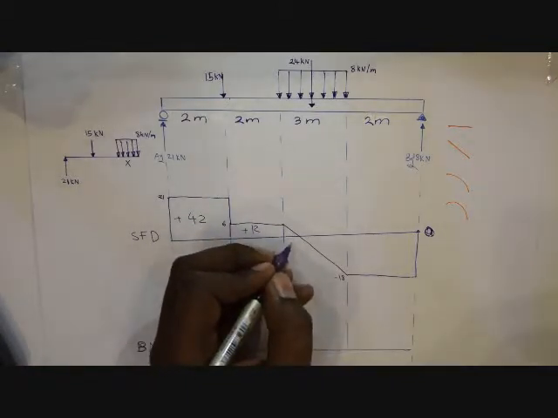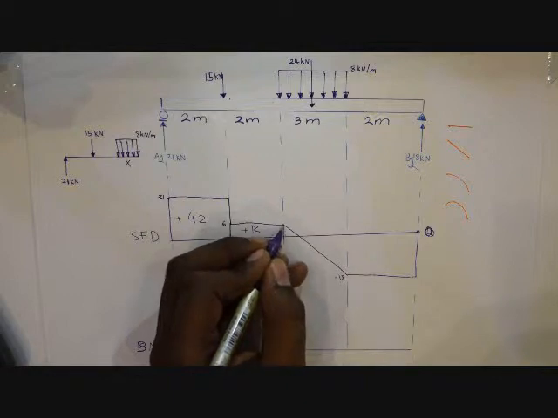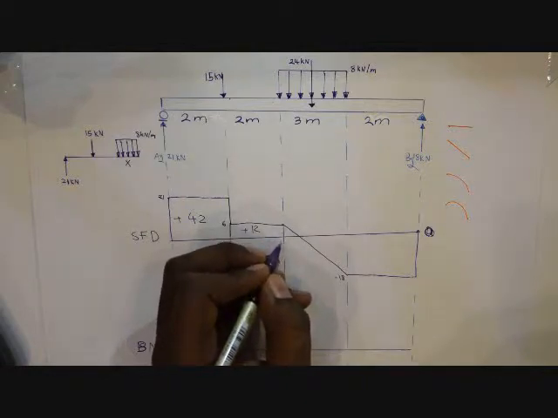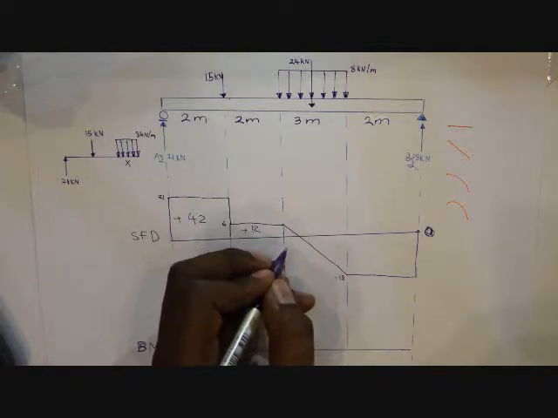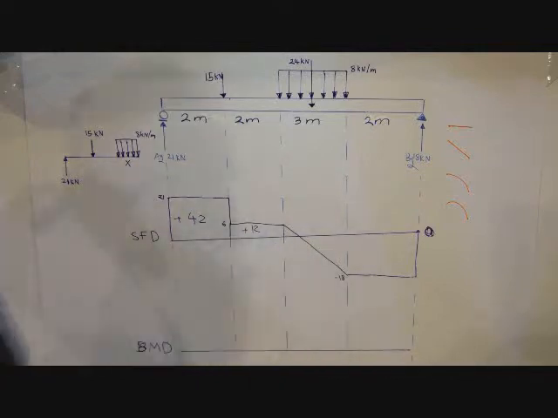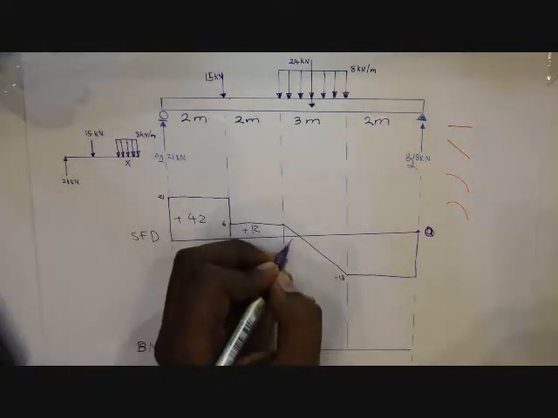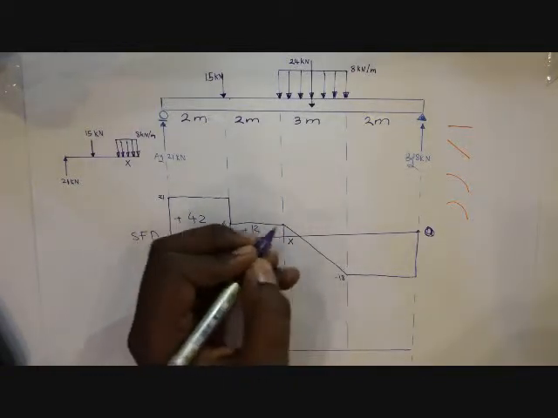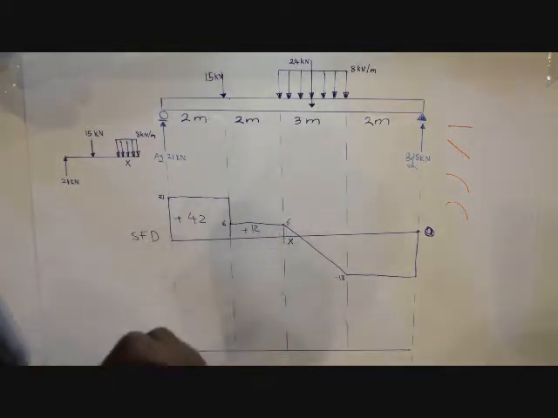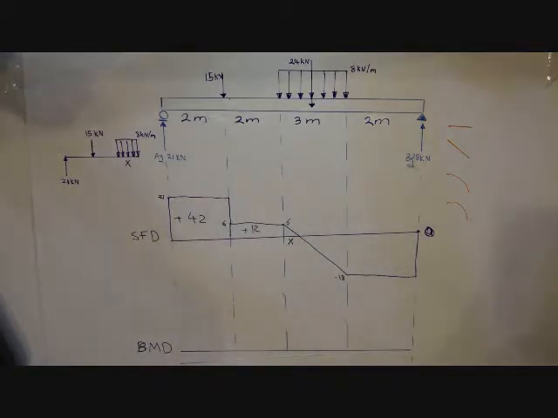Now the area of the triangle is the base times the height divided by 2, but the problem here is we don't know the base. Let's call it x, and the height is 6.